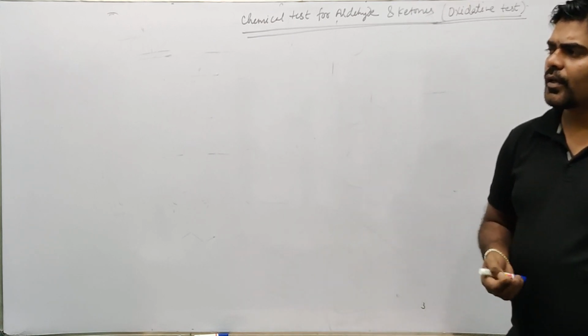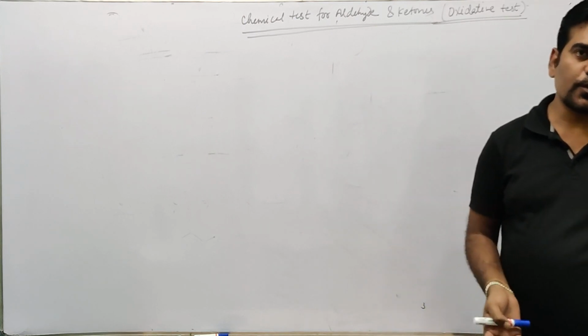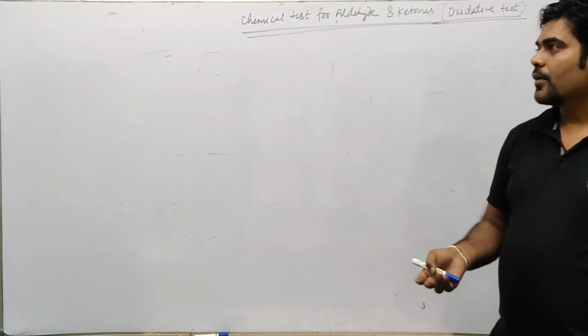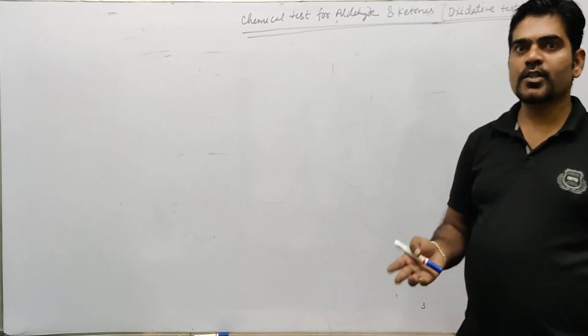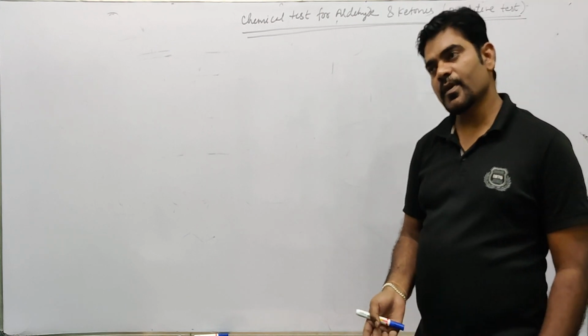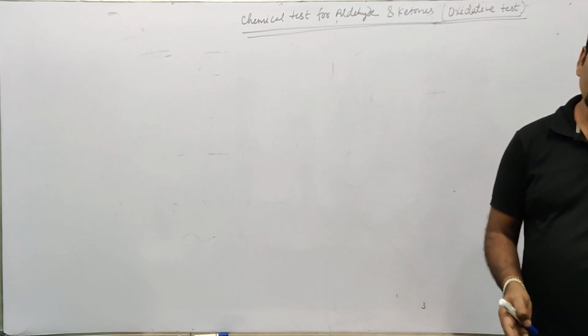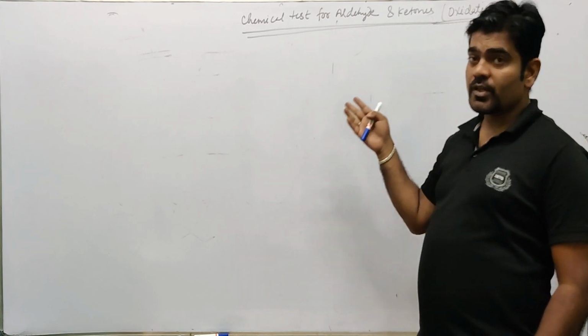Simply we can say, if there are silver ions Ag plus or cupric ions Cu2 plus in basic medium, aldehyde will reduce Ag plus and Cu2 plus easily, but ketones do not reduce Ag plus or Cu2 plus. Therefore, this test is exploited.